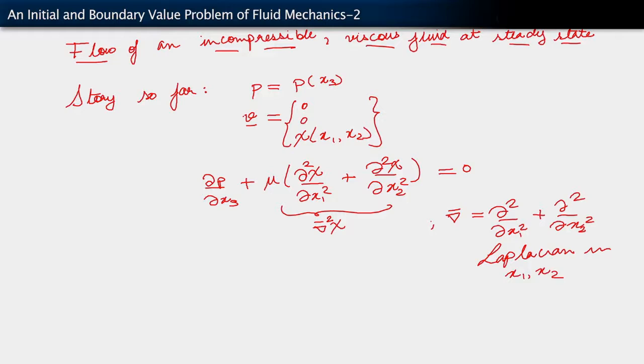All right. Let me rewrite this equation. So this equation is of the form partial of p with respect to x3 equals minus mu del bar square of chi, using what I just introduced here. I want to make a certain argument here, and to make that argument, let me remind ourselves of the parametrizations here.